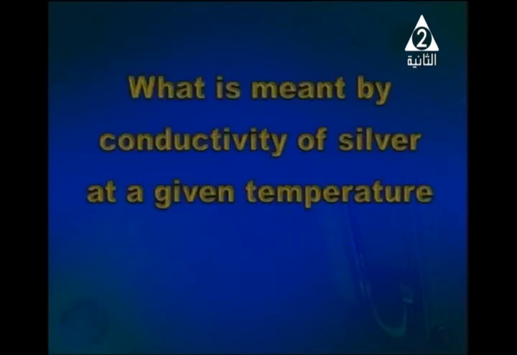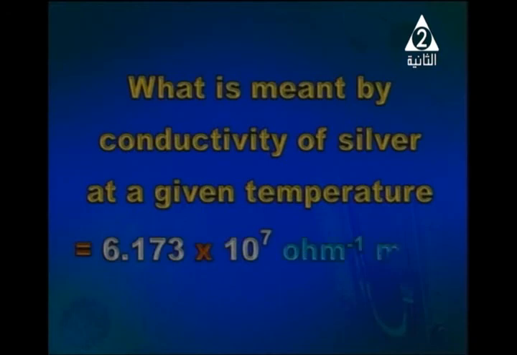And now we've got another question: what is meant by the conductivity of silver at a given temperature being equal to 6.173 times 10 to the power of 7 ohm negative 1 meter negative 1? It's all easy. All you have to do is convert it into resistivity.